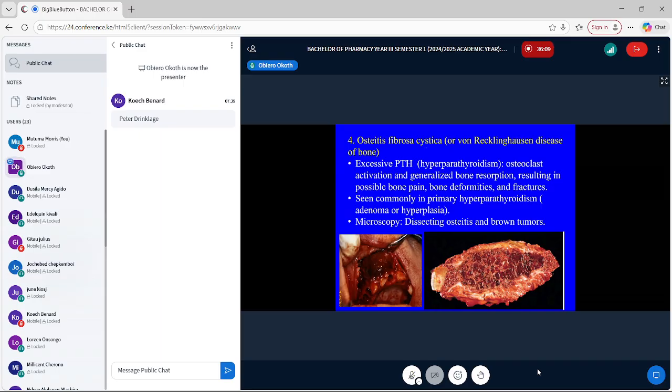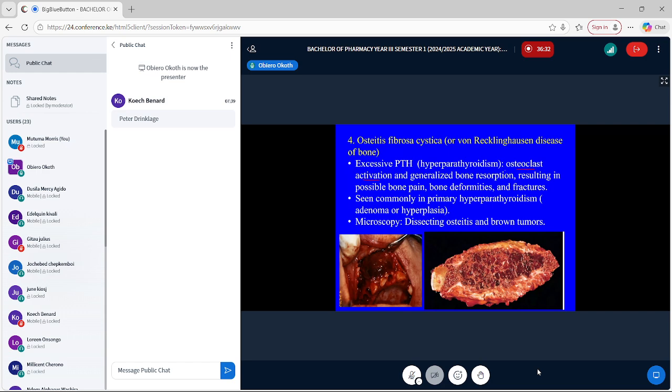Osteitis fibrosa cystica, or von Recklinghausen disease of the bone. Basically, in this case you have excess parathyroid hormone. And remember what we said, parathyroid hormone activates osteoclasts. So basically here, bone is being eaten up by the osteoclasts.